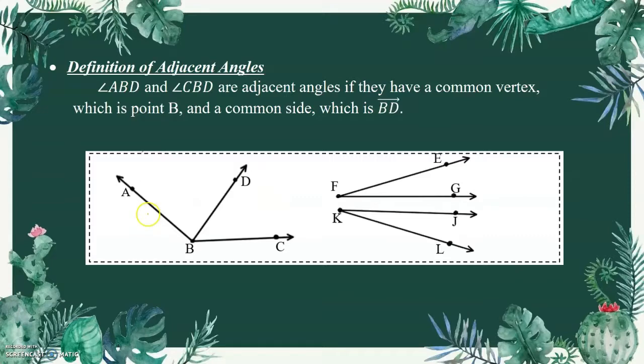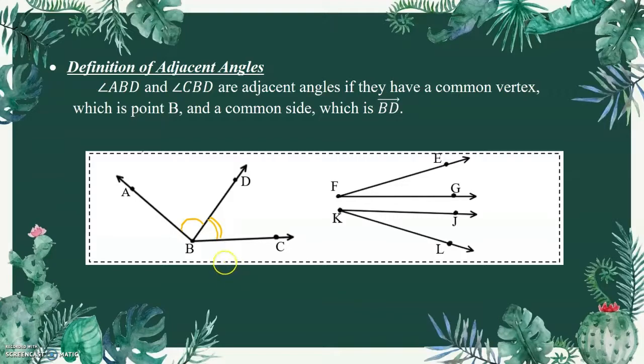Okay, we have here two angles formed by 3 rays. So we have angle ABD. So angle ABD is this one. Okay, that is angle ABD. And angle CBD is this one. Okay, so this is angle CBD.